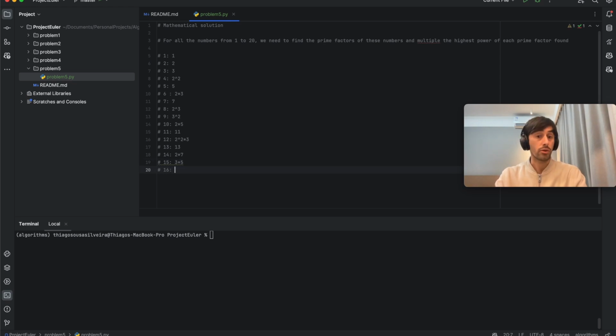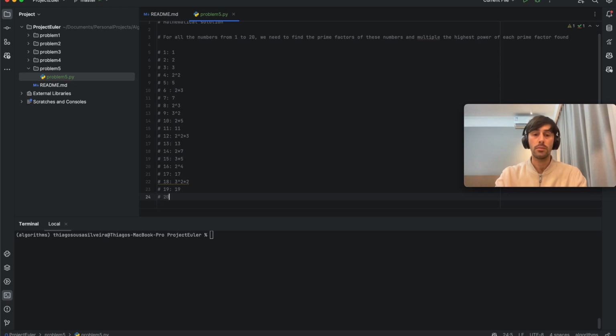The prime factors of 16 are 2 power 4. 17 is just 17 because it's a prime number. 18 is 3 squared multiplied by 2. 19, again, another prime number. And 20 is 2 power 2 multiplied by 5.